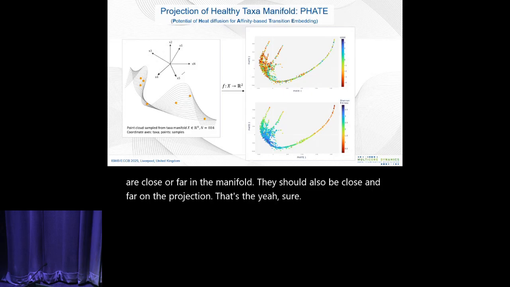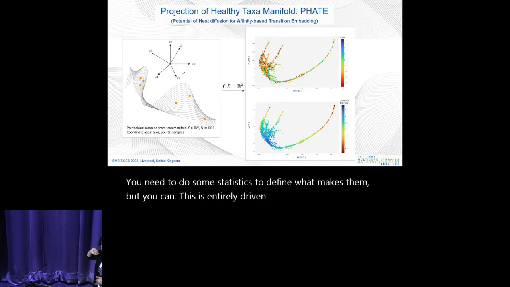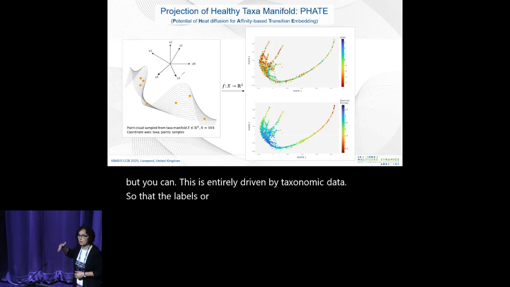If you see this big data, you cannot say this is because of species 1, 2, 3. You need to do some statistics to define what makes them, but this is entirely driven by taxonomic data. So the labels or the colors are added afterwards, but they're not incorporated in the projection.